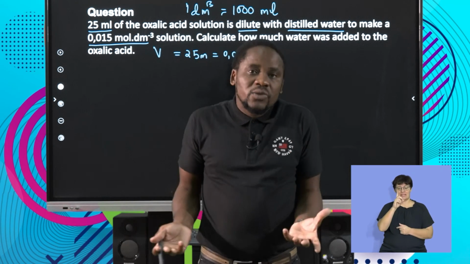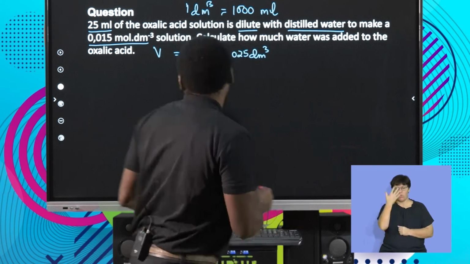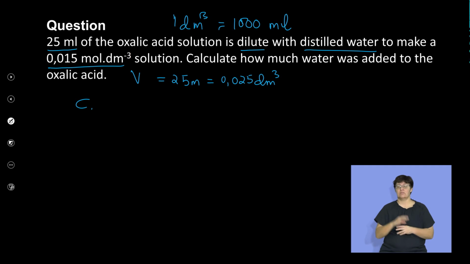So what is it that we know in terms of dilution? We can use the formula concentration 1, which is the original concentration, and volume 1 of the actual acid before we added the water. When you dilute, we will get concentration 2 and volume 2. But what remains the same is the number of moles. So concentration 1 is 0,4, multiplied by the initial volume, which was diluted, which is 0,025.